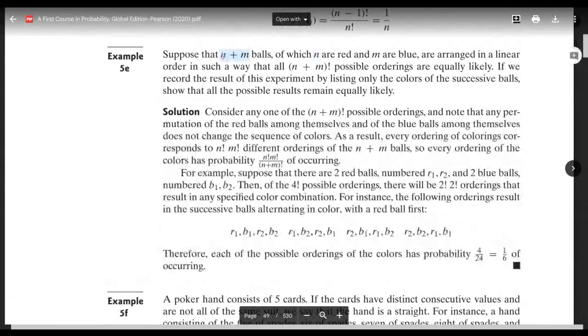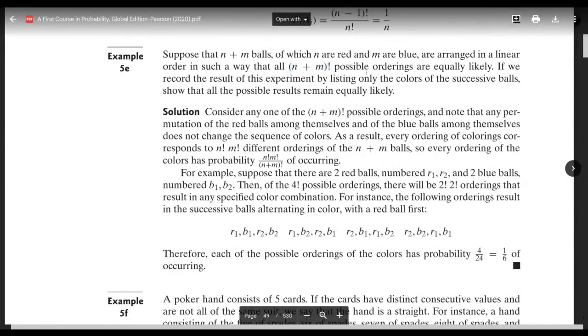Total we have n plus m balls, n are red, m are blue, arranged in a linear order in such a way that all n plus m factorial possible orderings are equally likely. Because we're putting them in linear order, or what is that? Permutation. So how many ways to permute n plus m things? Well, that's n plus m factorial.